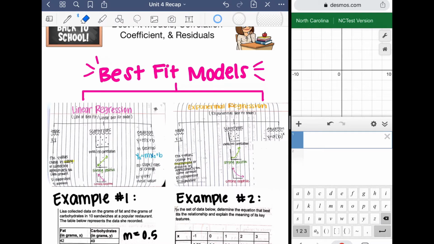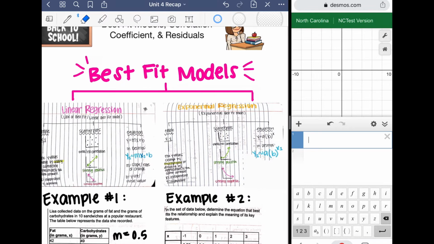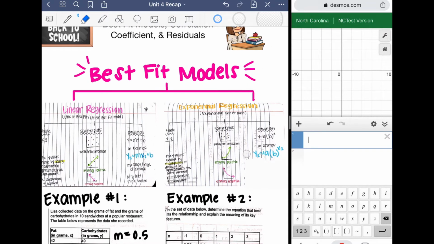And finally, the equation of an exponential function is y equals a times b to the power x. In Desmos, again, we have to make sure that we're using that Desmos language to tell it that we want an exponential function instead of a linear function.